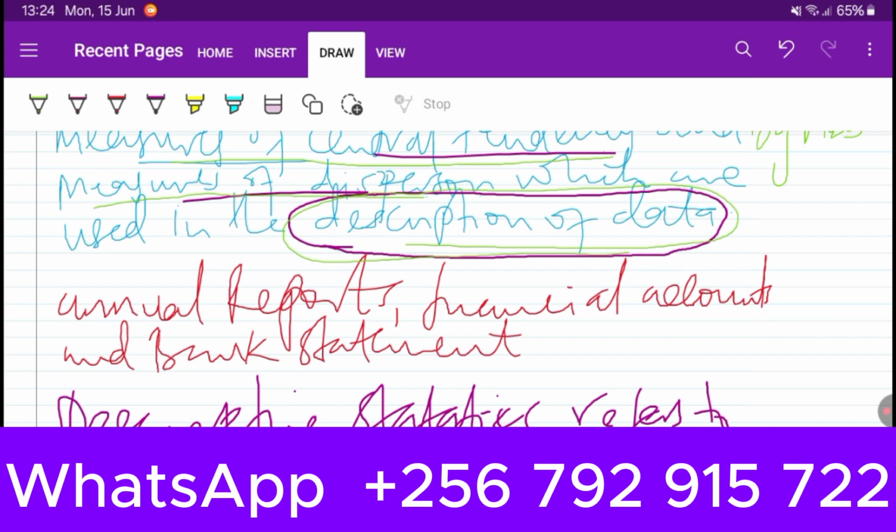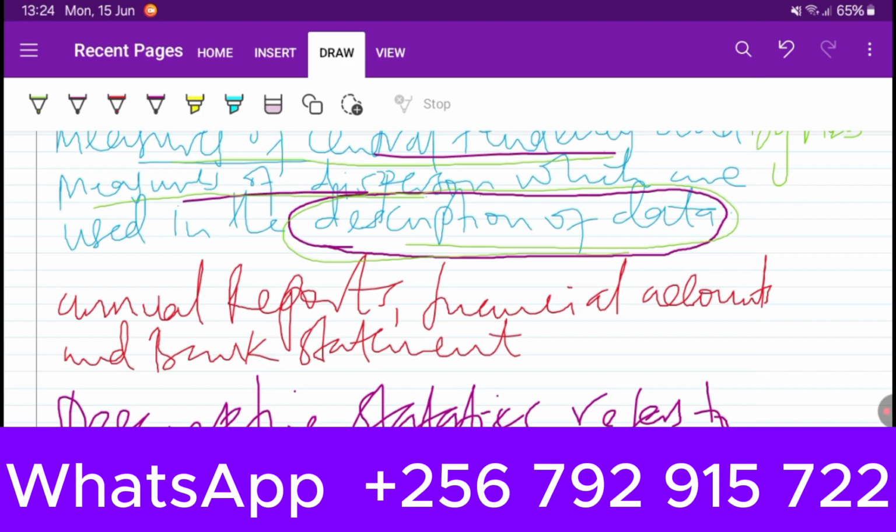So that's how we find that descriptive statistics helps in presentation of data in an understandable way, so that we can have a meaningful description of how this data looks.